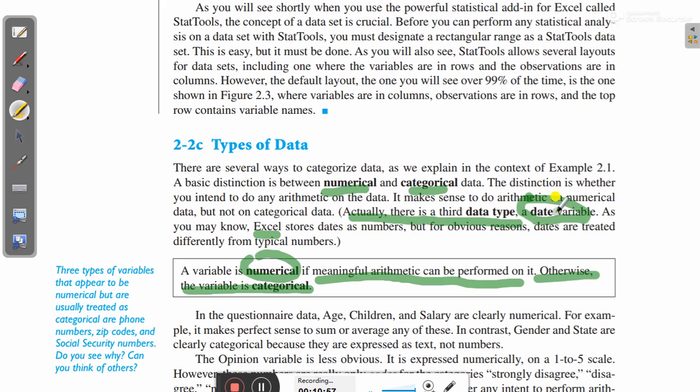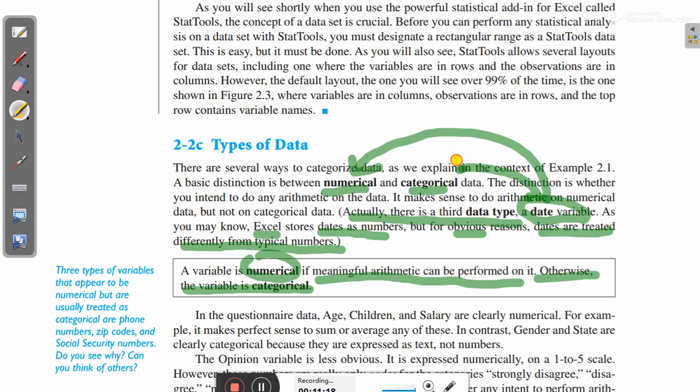But date is also stored as numbers, but for obvious reasons dates are treated as a different type from numbers, because if we treat date as a simple number then it will fall into numerical category, but date is not totally numerical, and also date is not totally categorical. So date is treated as a third type of data in case of Excel, or in case of any type of software which tries to store information like Excel.